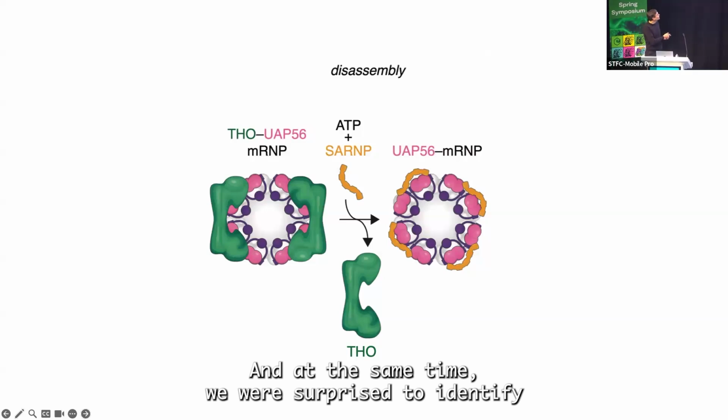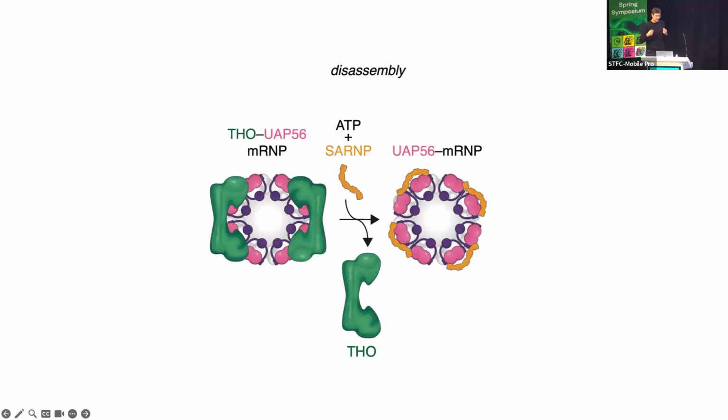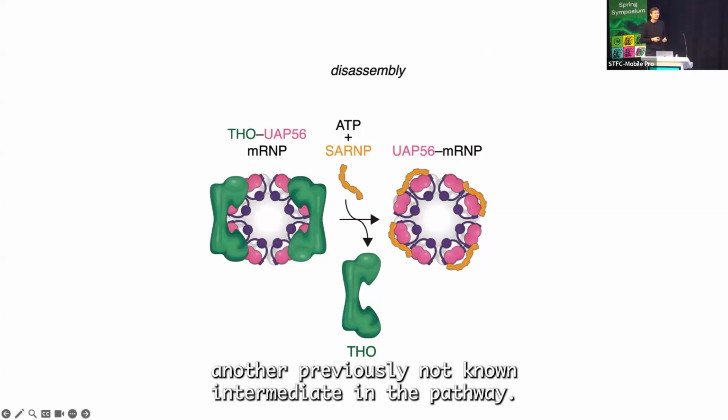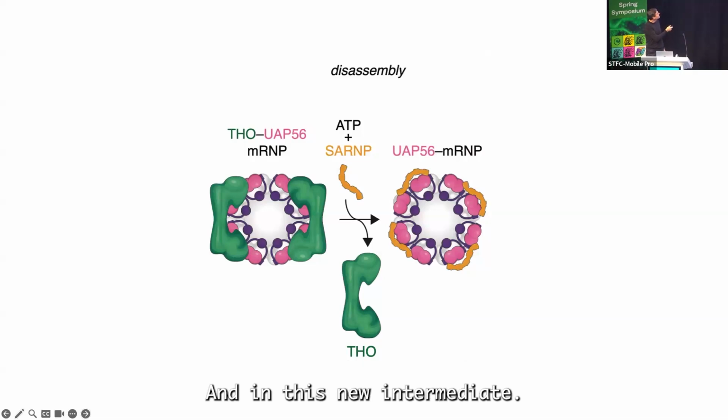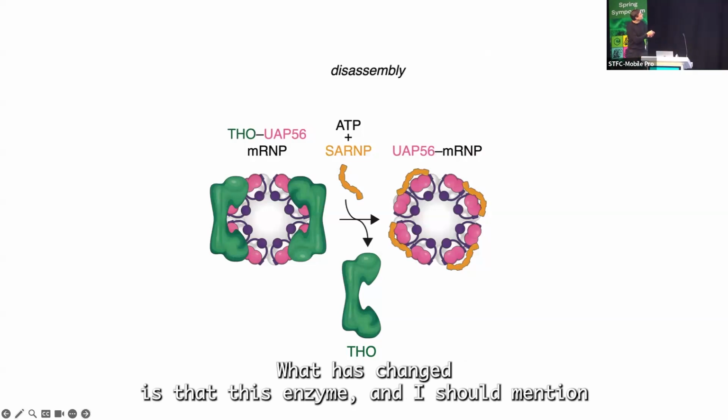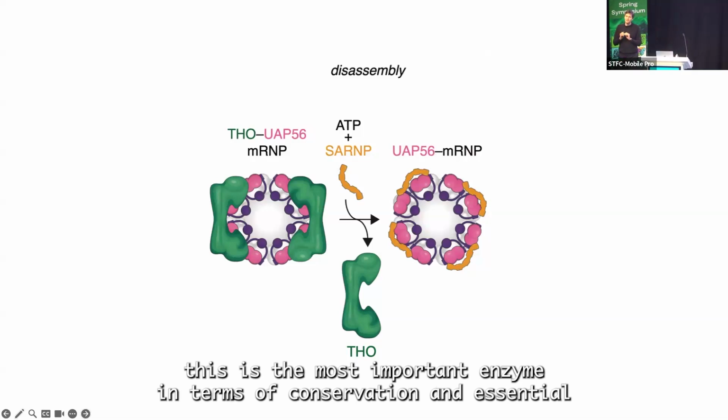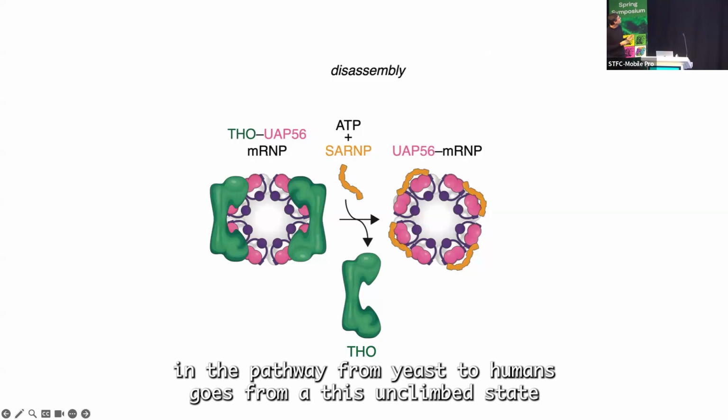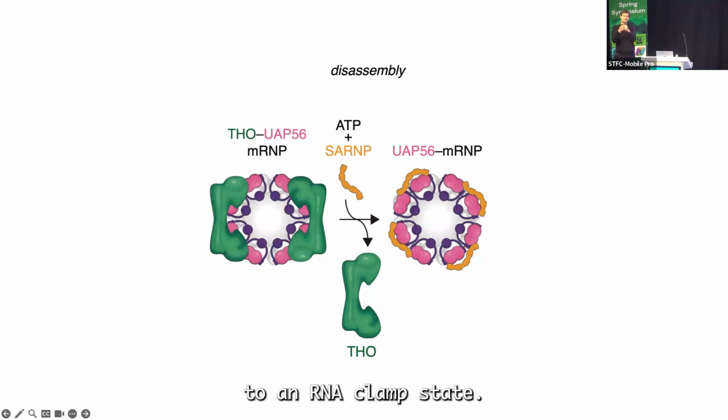At the same time, we were surprised to identify another previously unknown intermediate in the pathway. In this new intermediate, what has changed is that this enzyme, and I should mention this is the most important enzyme in terms of conservation and essentiality in the pathway, from yeast to humans, goes from this unclamped state to an RNA clamped state.